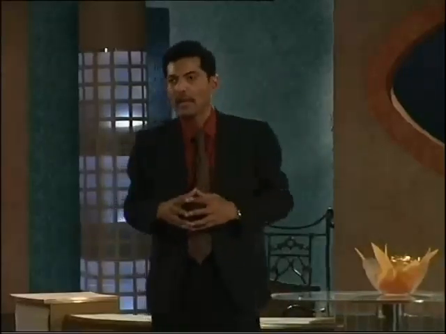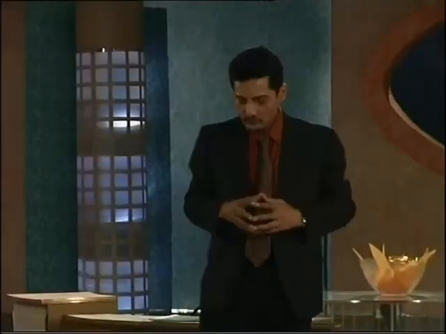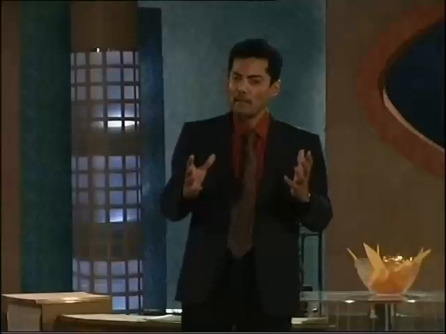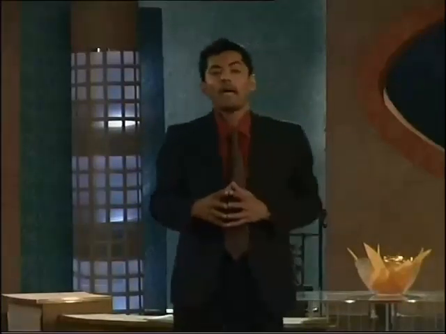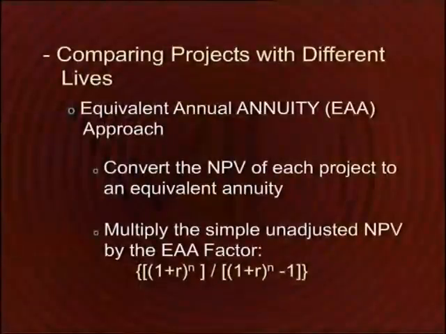There is another approach, and that is known as the equivalent annual annuity approach. In this approach, what we do is we calculate the straightforward NPV as you did before, and then you multiply it by an annuity factor. And that factor is worth remembering. That factor is equal to (1 plus r) to the n, all divided by (1 plus r) to the n minus 1. R over here is the discount rate, and n is the actual life of the project.